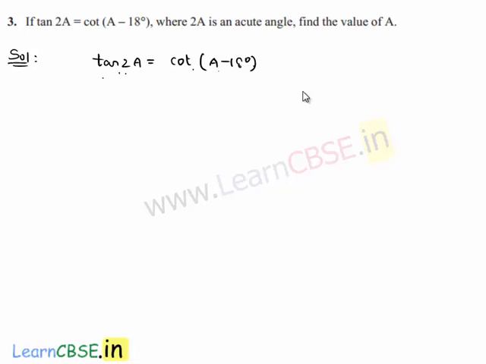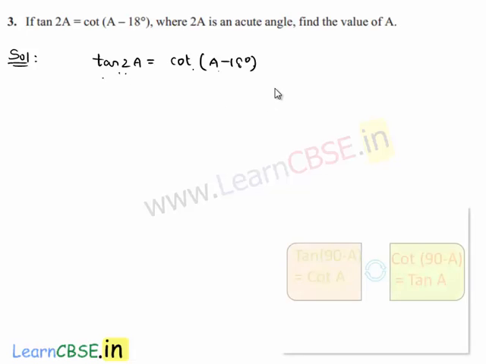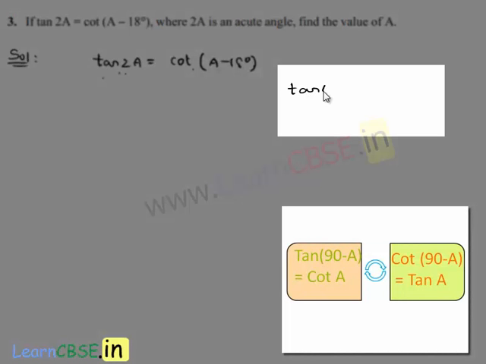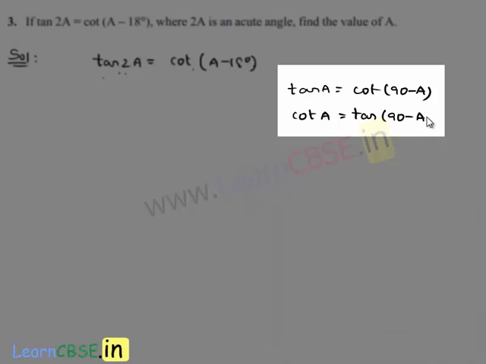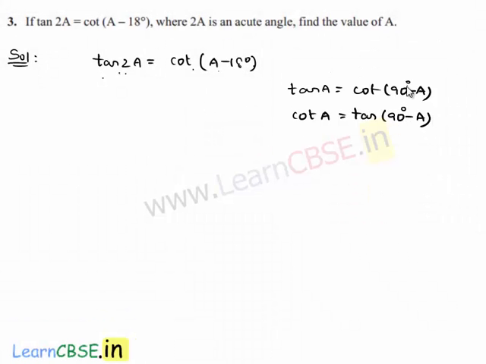so that simplification could be easy. This can be done using the formula tan A is equal to cot of 90 minus A, or cot A is equal to tan of 90 minus A. So this becomes tan 2A is equal to cot of A minus 18 degrees.